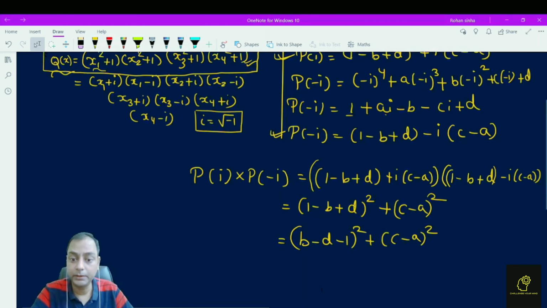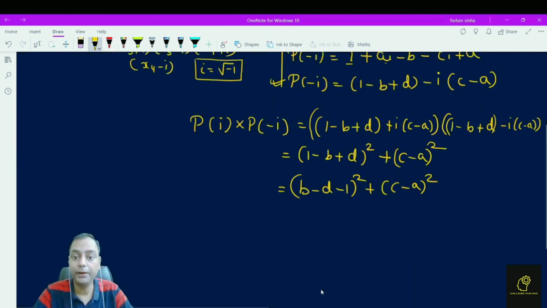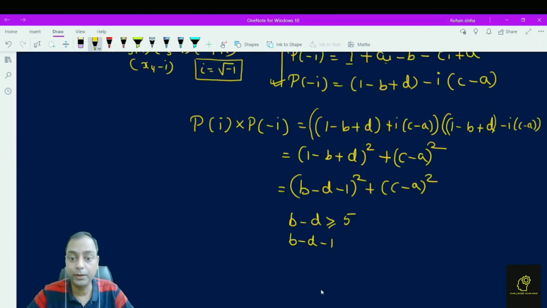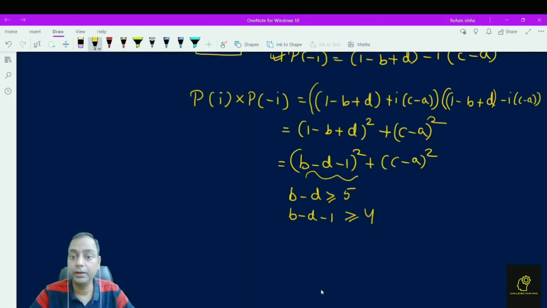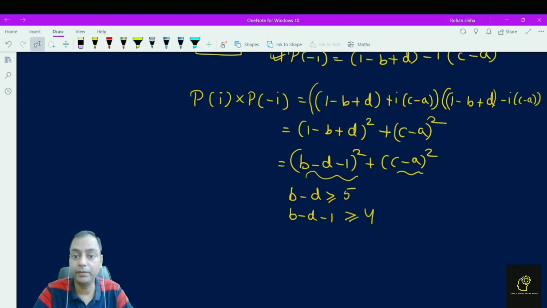It is given in the question that b minus d is greater than or equal to 5. So b minus d minus 1 is greater than or equal to 4, so this is 4 squared. And this is a perfect square, it can't be negative. Also a, b, c, d are real numbers, as given in the question.